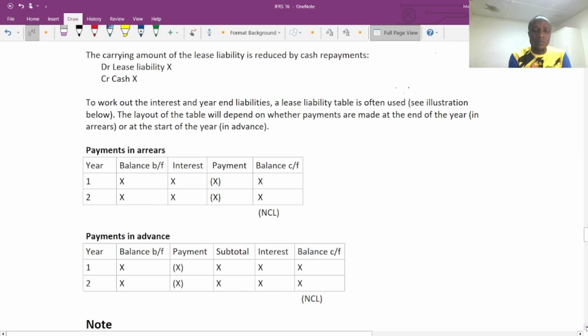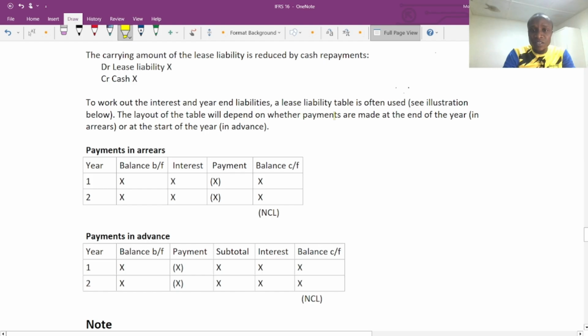So now, we are going to determine the approach that we are going to use based on the cash payment that the lessee will make. If the payment will be made in arrears, in other words, at the end of the year. For example, if the lease agreement is on the 1st January 20x1, and the lessee is going to make payment at the end of the year, let me underline it.